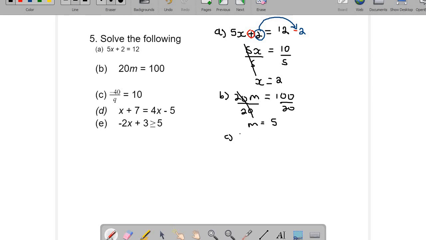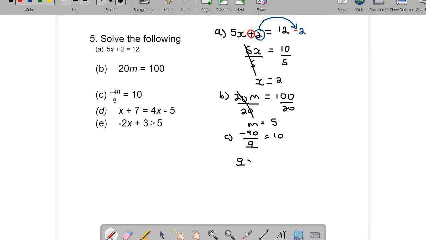Alright, so next question we have negative 40 over q is equal to 10. What you can do, you can start by getting this q out of the denominator. And one way to do that is to multiply both sides by the variable that is in the denominator.